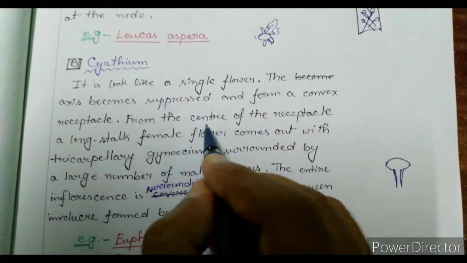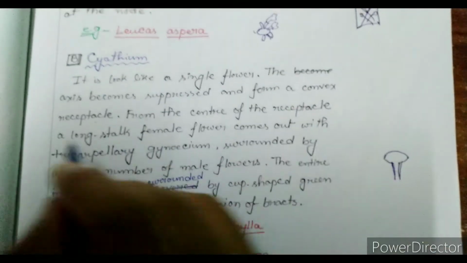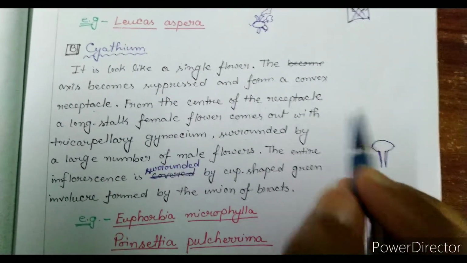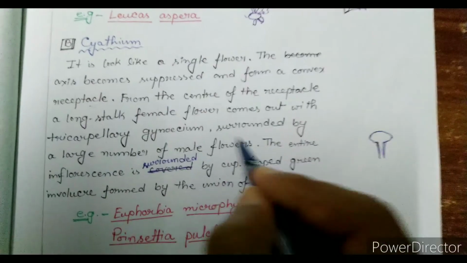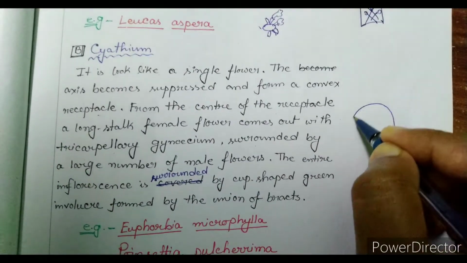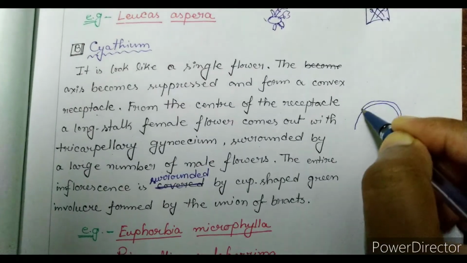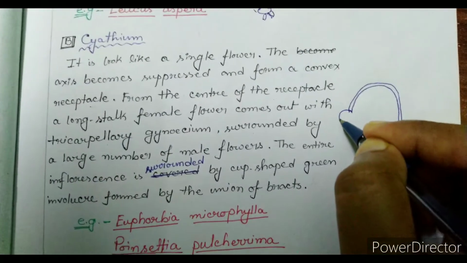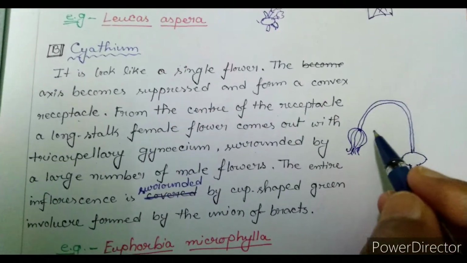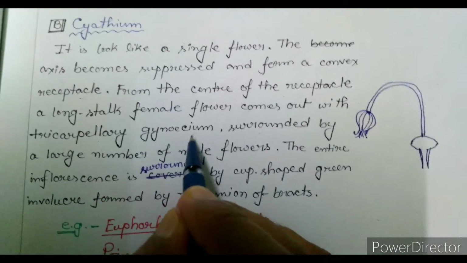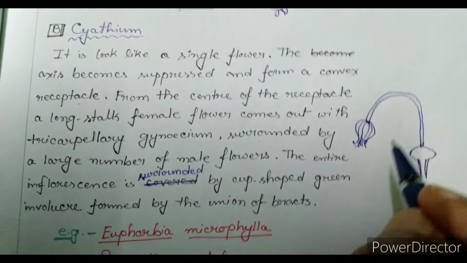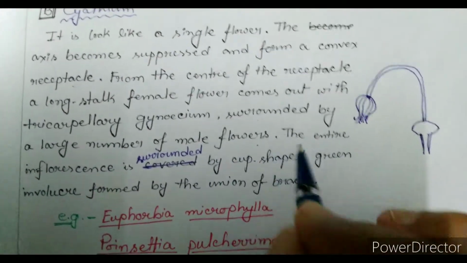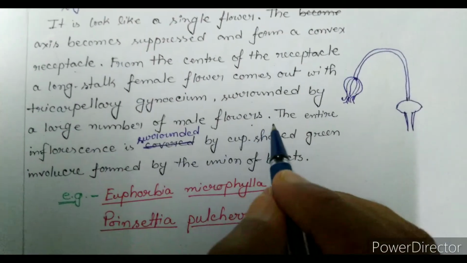From the center of the receptacle, a long-stalked female flower comes out with a tricarpellary gynoecium, meaning the carpel has three chambers. It is surrounded by a large number of male flowers.